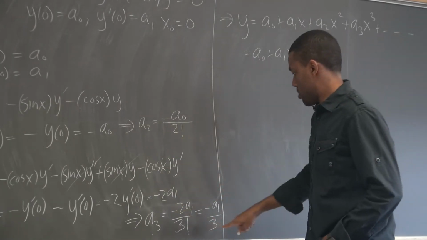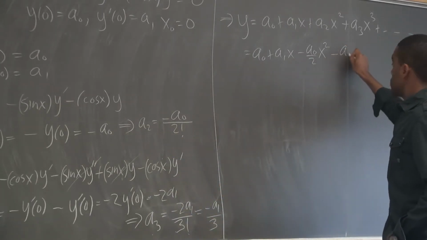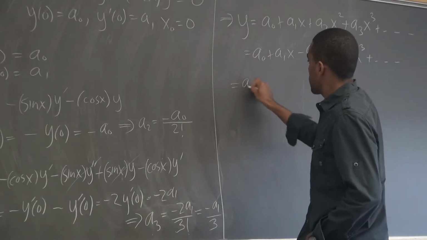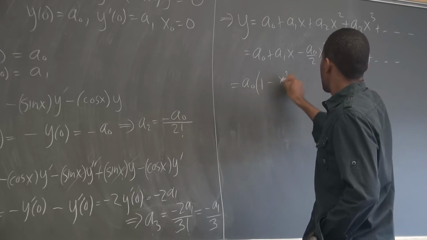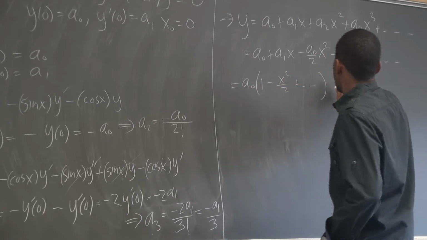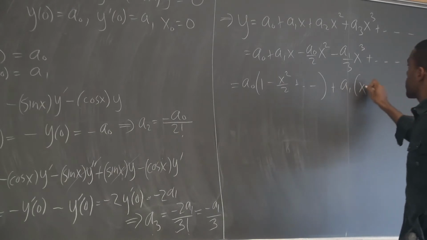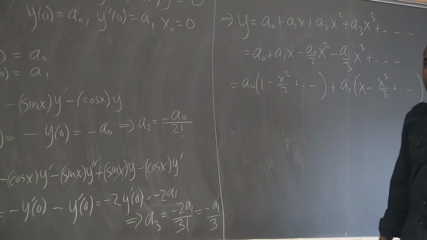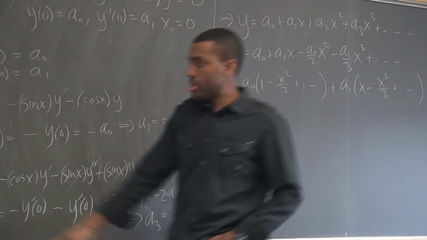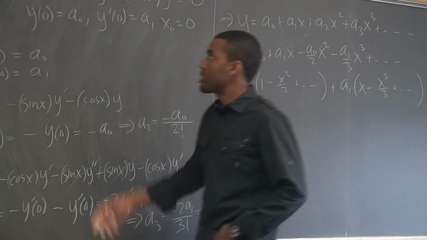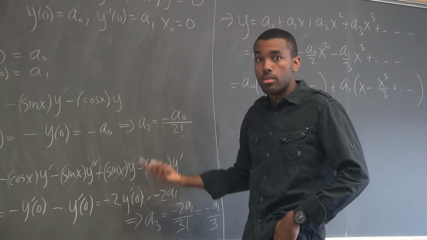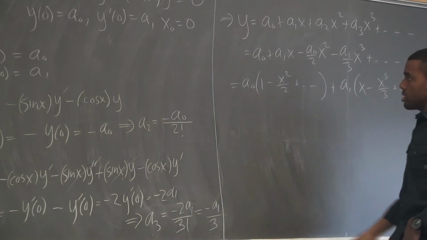Our a3 was this. You can find a solution that way. Just by remembering this formula to get the coefficients, you can solve for y double prime, keep differentiating, and use that to find the answer. So that is just another way.